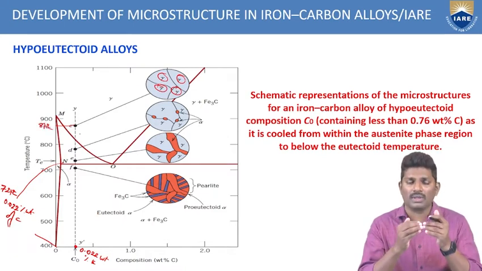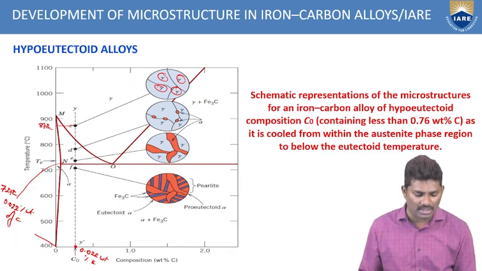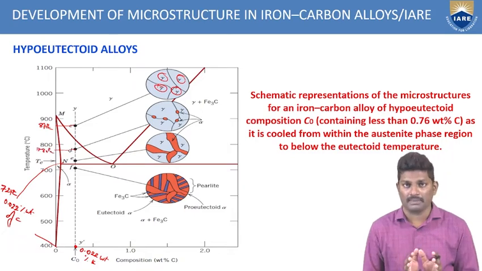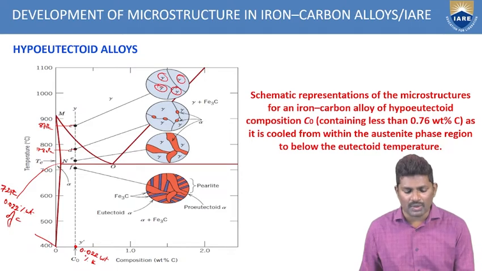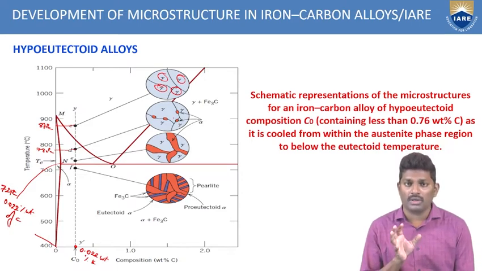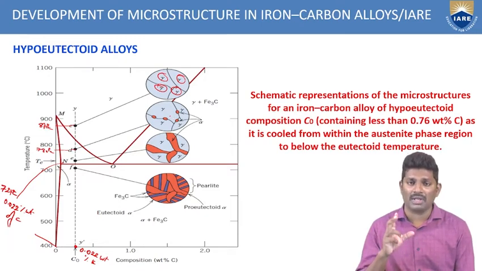Now slowly cooling the system, at point D you are reaching below 800, approximately around 780 degrees centigrade. So what is happening at 780 degrees centigrade? If you see here, you have a combination now. Carbide is coming into the picture. In the previous case we had complete austenite.